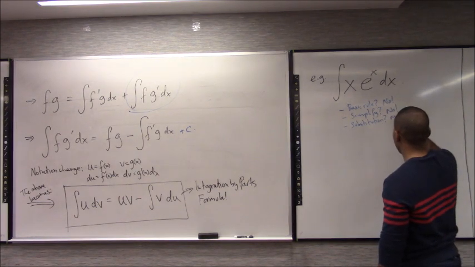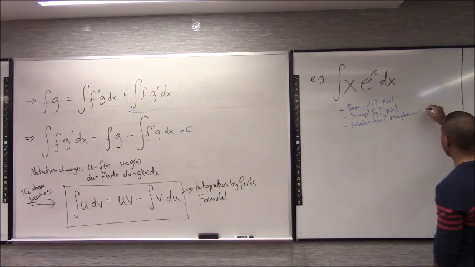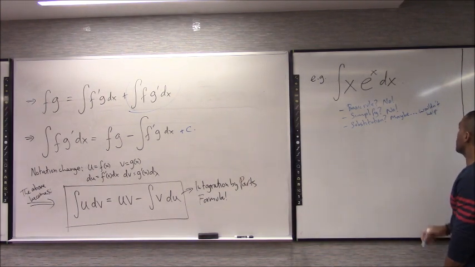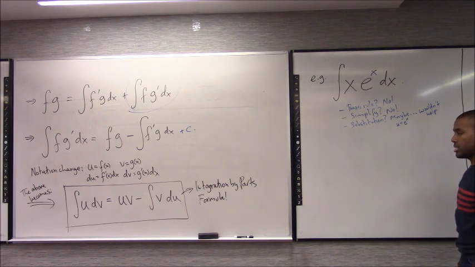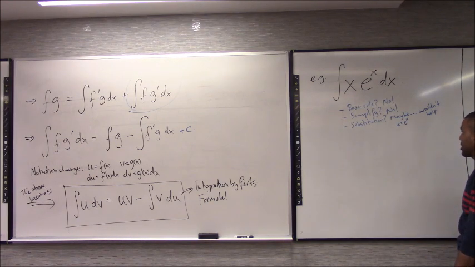Maybe. It turns out it wouldn't actually help here, though. But you could do a substitution here. So u equals e to the x would be pretty much the only thing that's valid here, because u equals x is always a bad substitution. It's never a good substitution.